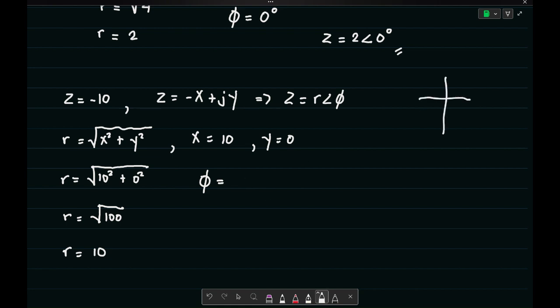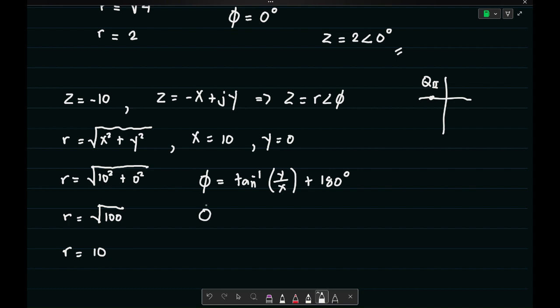Since the rectangular form is in quadrant 2, our formula would be arctan of y over x plus 180 degrees.